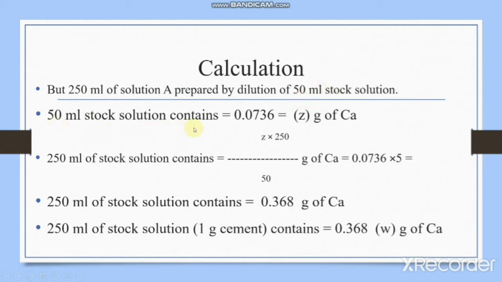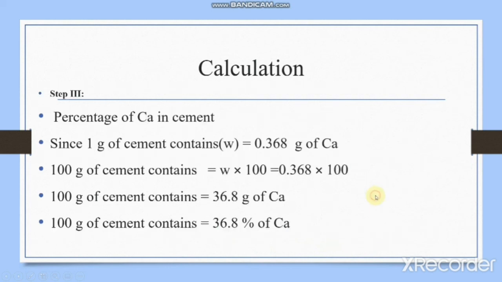Therefore, 50 ml stock solution contains 0.0736 gram of calcium. Therefore, 250 ml of stock solution contains Z into 250 divided by 50 gram of calcium, that is 0.0736 into 5. That is, 250 ml of stock solution contains 0.368 gram of calcium. That is, 250 ml of stock solution, meaning 1 gram of cement, contains 0.368 gram of calcium.